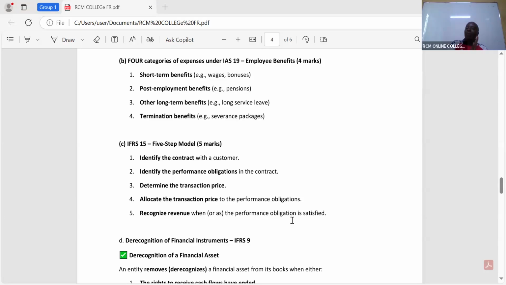This young lady, what is expected of her? Don't think that you are coming to this marriage. All right. So the performance obligations must be clearly determined there.